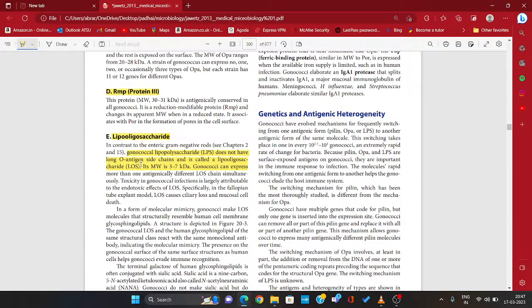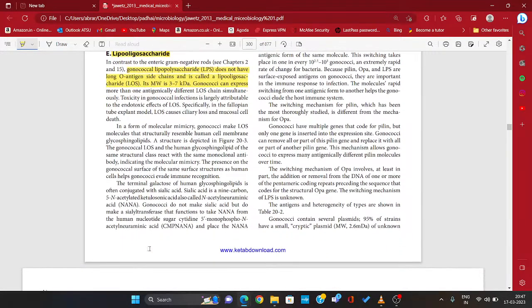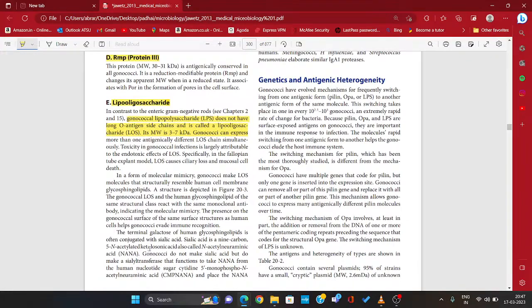Specifically, in the fallopian tube explant model, LOS causes ciliary loss and mucosal cell death, in the form of molecular mimicry. Gonococci make LOS molecules that structurally resemble human cell membrane glycosphingolipids.